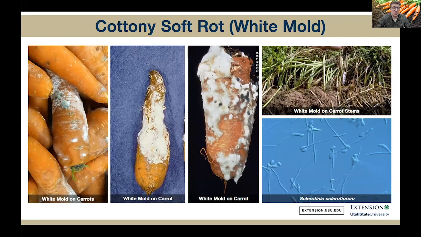That's usually at the base of the plant, which you can also see in that top right photo. And then within the mycelium itself are these black irregular shaped structures called sclerotia. Those are basically hard balls of mycelium, which are all parts of the fungus.